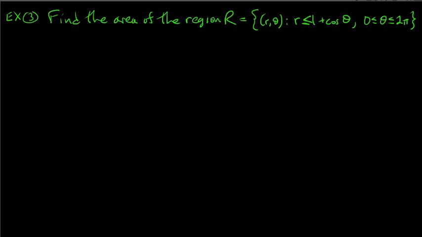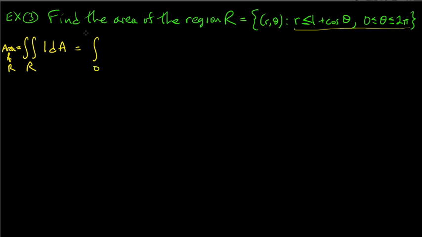So to do that, we're just going to evaluate the double integral of 1 dA over the region R. If you remember, this represents the area of region R. So now we just convert that to an iterated integral, and they're basically giving this to us. This is not going to be hard to convert.